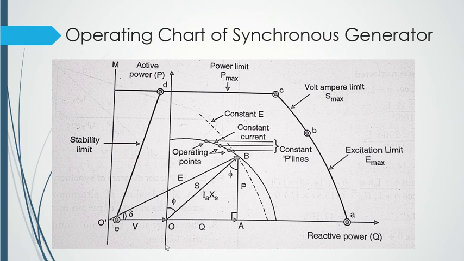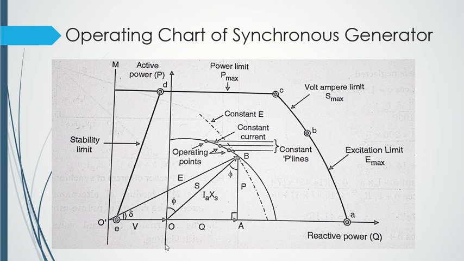Because stability limit is 90 degree. So what happens when the angle is 90 degree and I want to find the power? V will simply become I into XS, right? Because what will be the value of my cosine at 90 degree? It will be 1, so V into V is equals to I into XS.